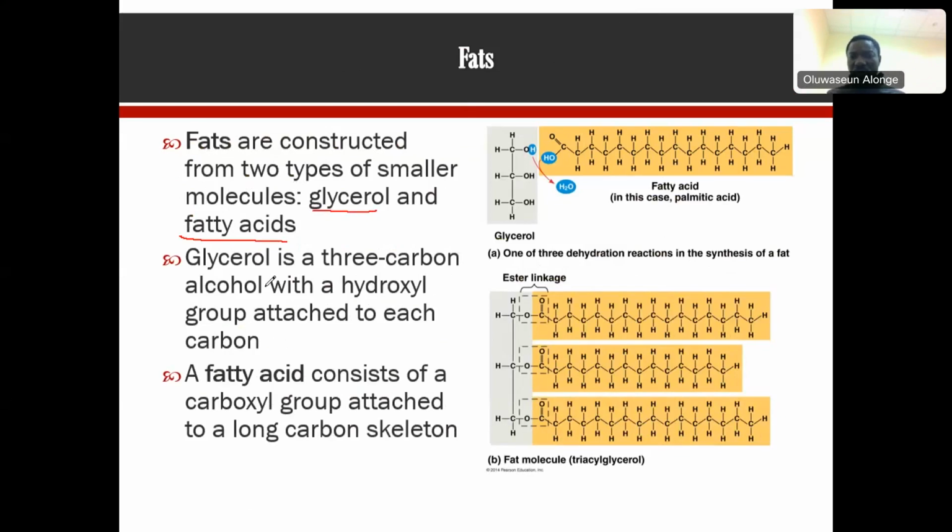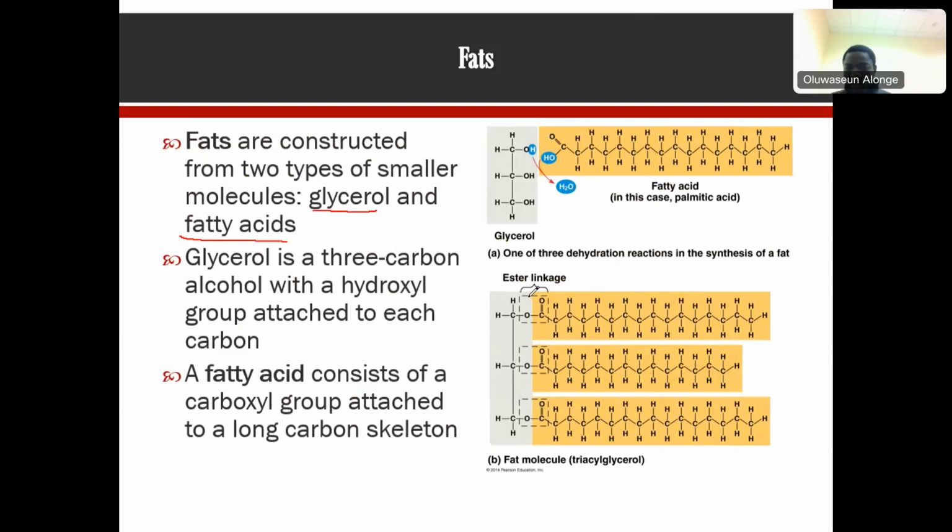Now, when you look at glycerol, you see there are 3 carbon compounds there. So glycerol is a 3-carbon alcohol. Then you see OH attached to each of them, which signifies that it's an alcohol. Then you see fatty acid, which is here.